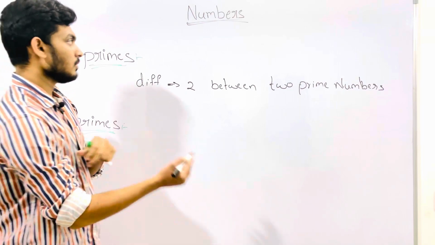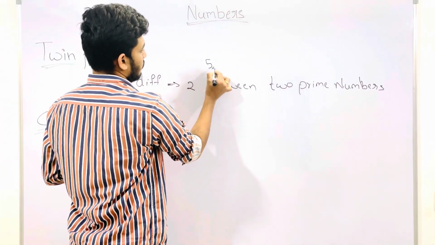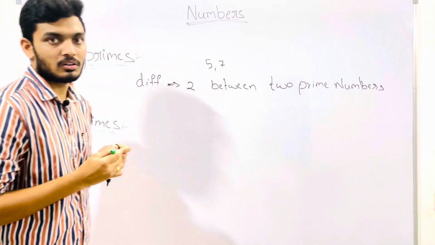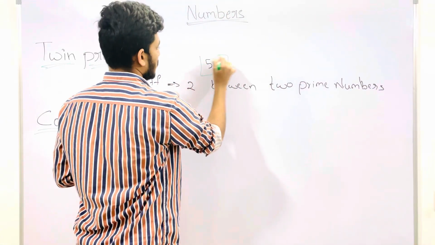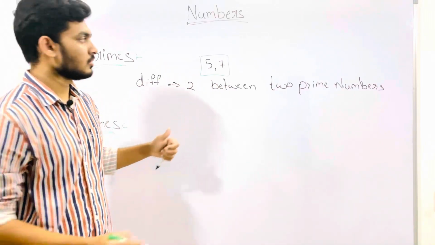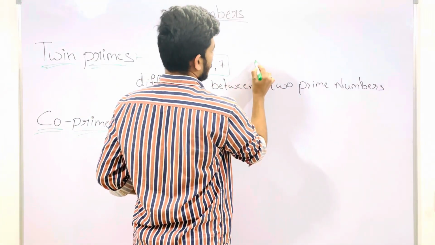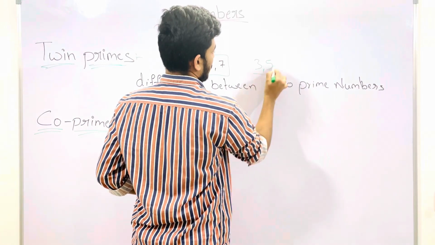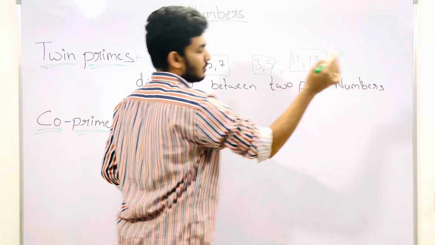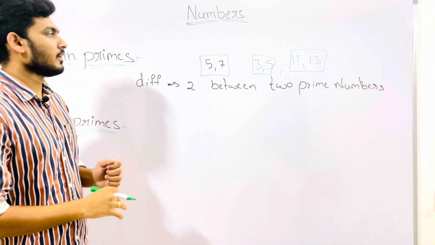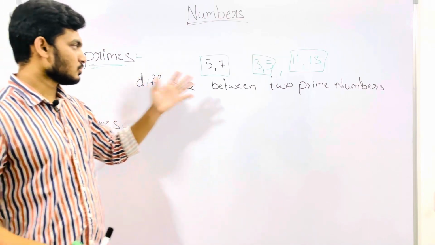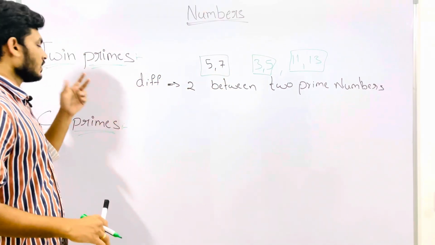For example, 5 and 7 are a pair of twin primes, because both are prime numbers and the difference is 2. Other examples are 3 and 5, 11 and 13, and so on.